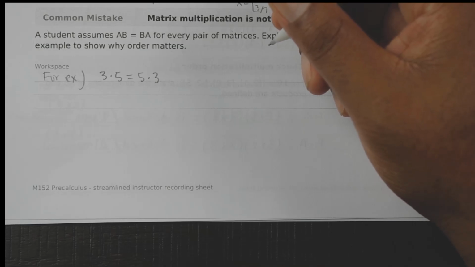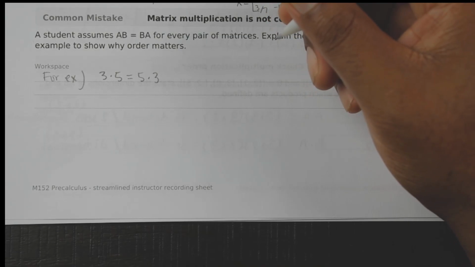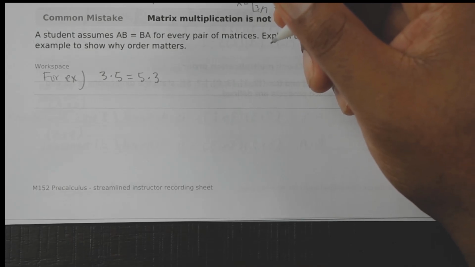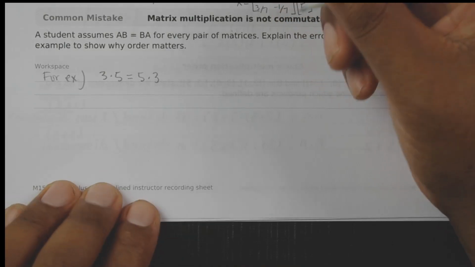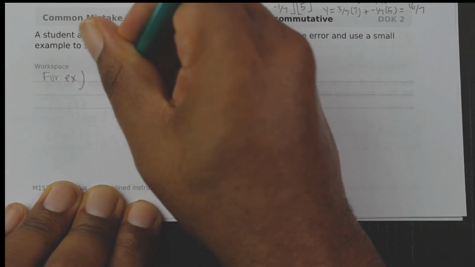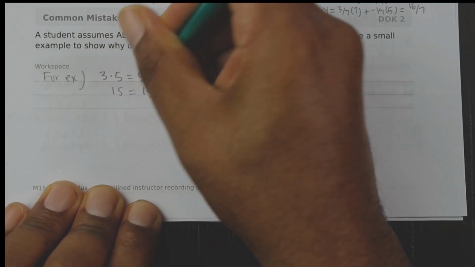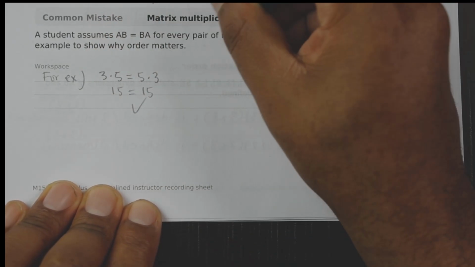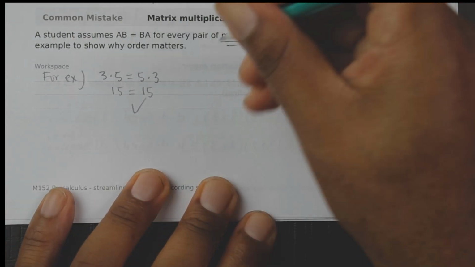Okay. So what that means is AB is usually not equal to BA, right? And this is with respect to matrices. Okay. Matrix multiplication is generally not commutative. Okay. But in a regular sentence, obviously this would be 15 equal 15. That would check out. But when it comes to matrices, it's different, right?